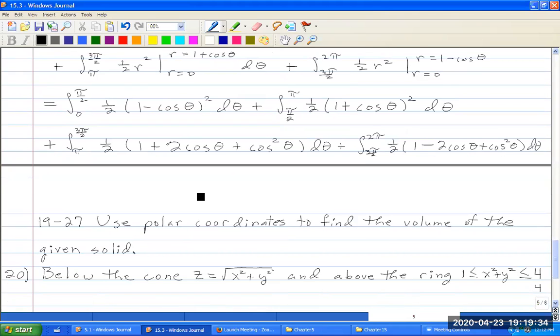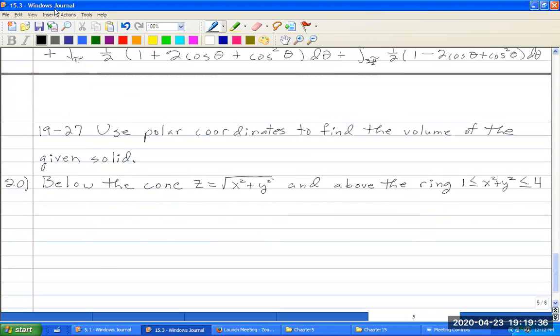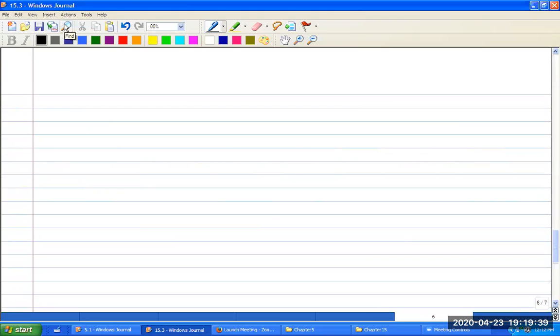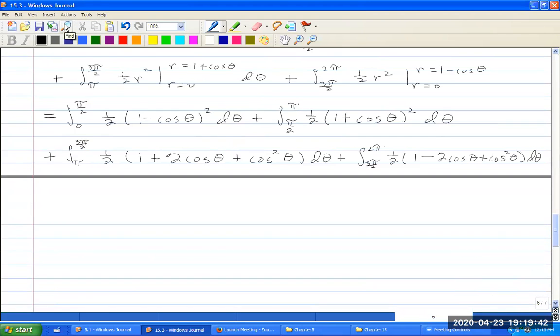So let me add another page here. So this is equal to the integral 0 to pi over 2 of 1/2 times 1 plus 2 cosine theta plus. That's a minus there, didn't I?